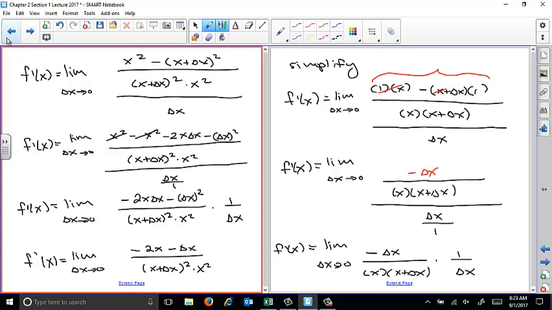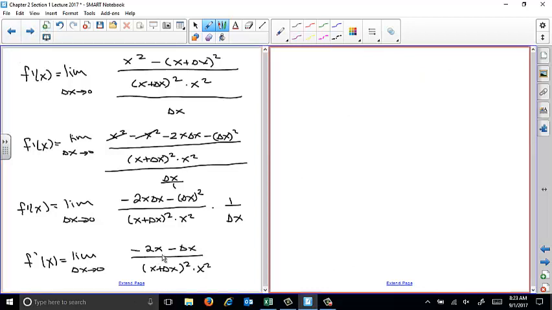And then the final step is, because I don't have an indeterminacy anymore, if I let delta x go to 0, I don't get 0 over 0 anymore. So I'm going to say let delta x equal 0, because we said as long as you evaluate a limit and you get a number, then that's the answer.